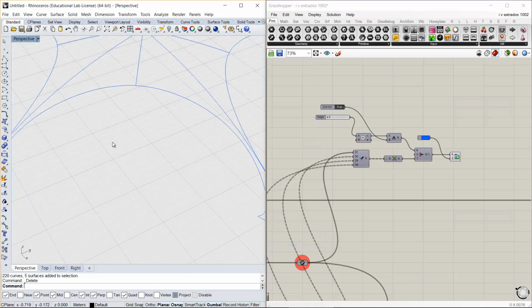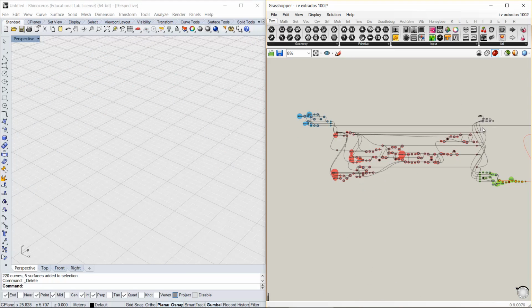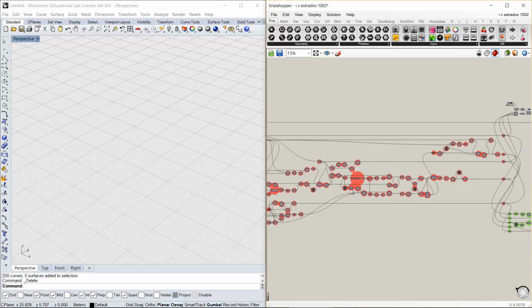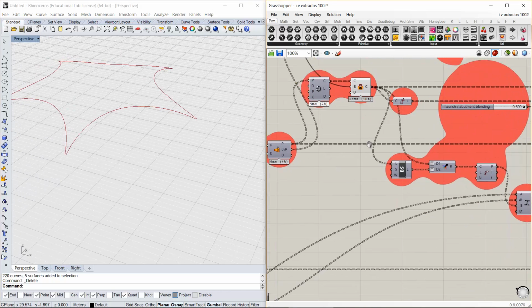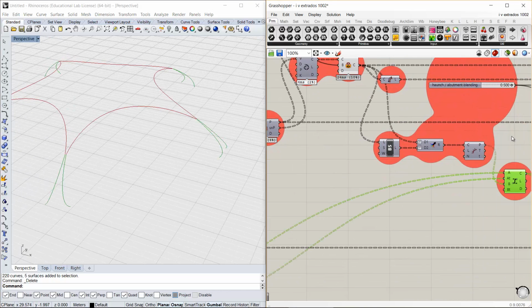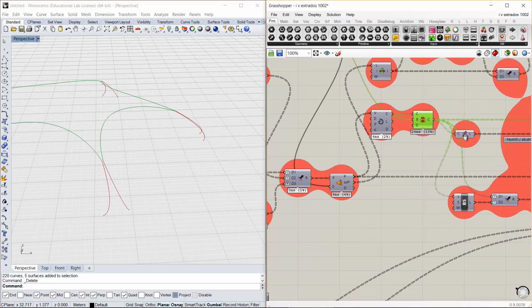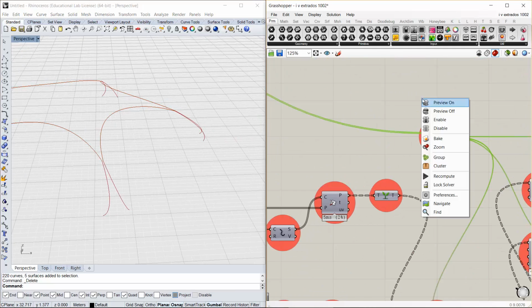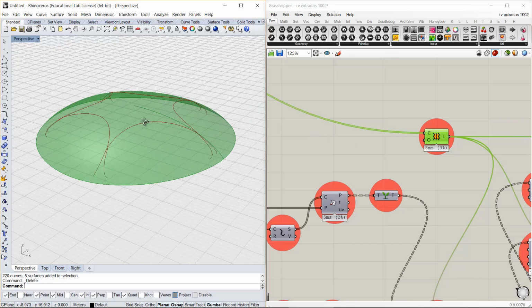Close this for a bit. Okay, close that now. This curve consists of two curves: this upper one, and this one which links it to the ground. The upper one is constructed from this surface. This wasn't a feature in the previous outline.